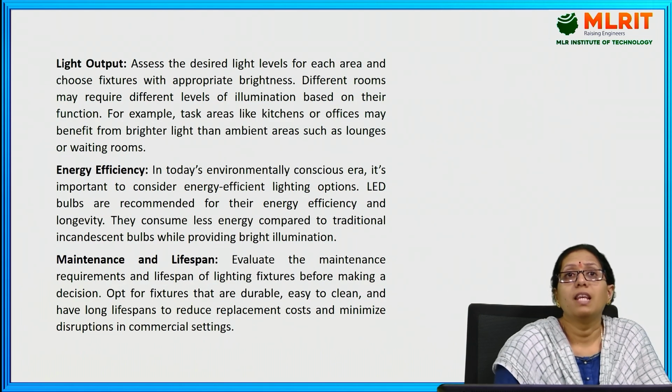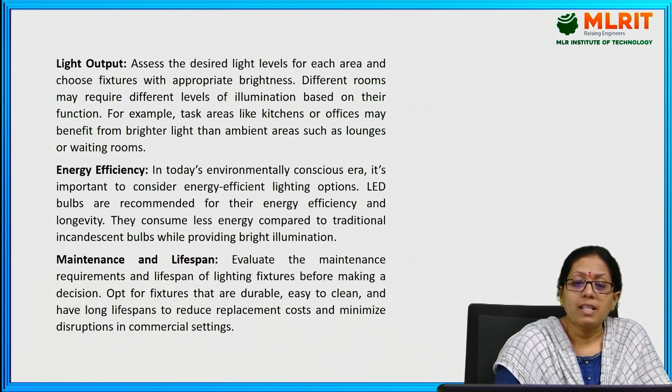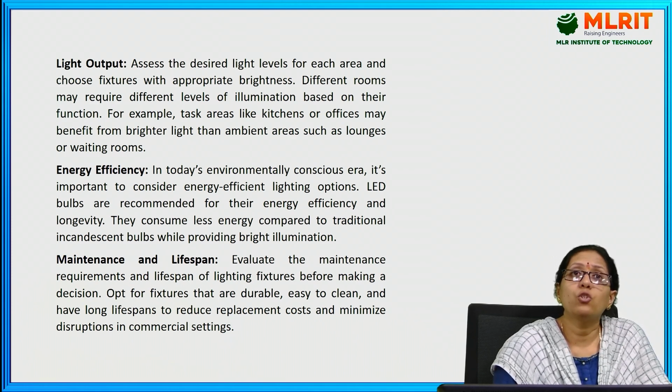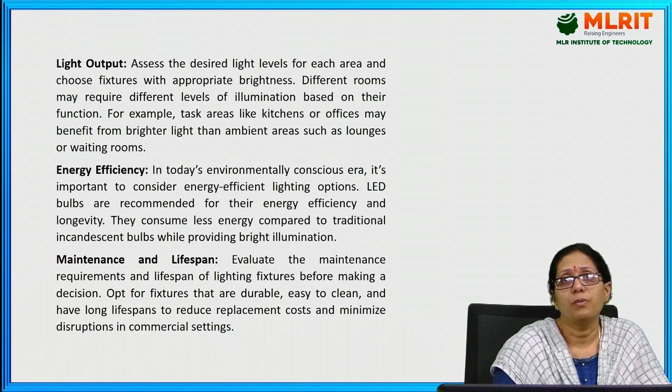Next one is light output. Assess the desired light levels for each area and choose fixtures with appropriate brightness. Different rooms may require different levels of illumination based on their function.